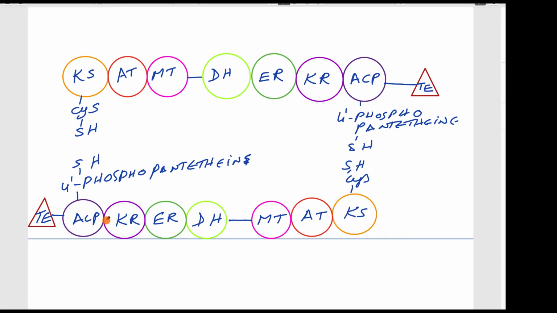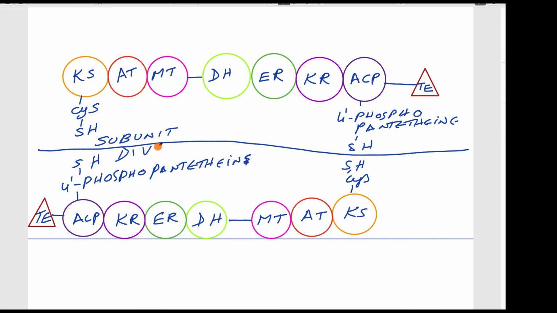When you see this portion, it can be divided into subunits. If you think of it in this format, it is not active, but a functional division is present.